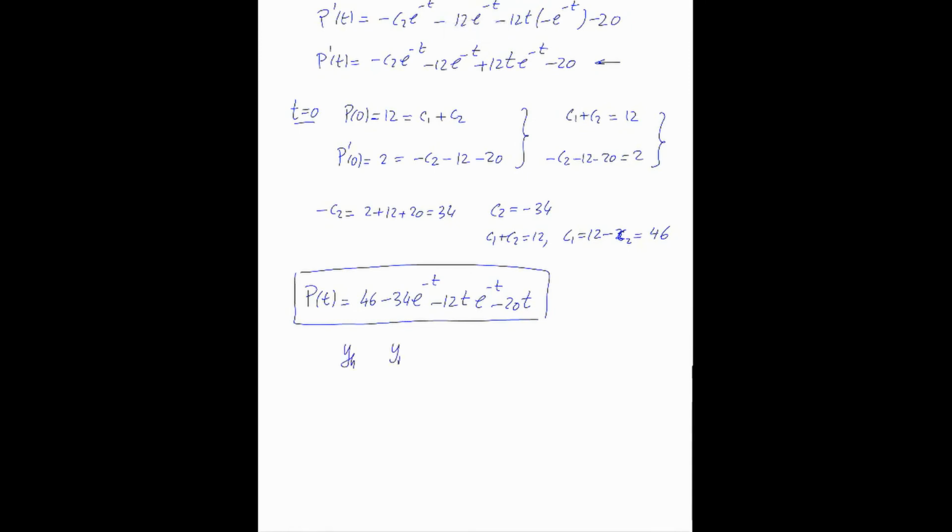Then the particular solves the equation, but maybe not your initial conditions. And then homogeneous plus particular is your solution, and this plus the initial conditions solves your problem. It's very important to understand that this is a solution of the equation that does not necessarily satisfy your initial conditions.